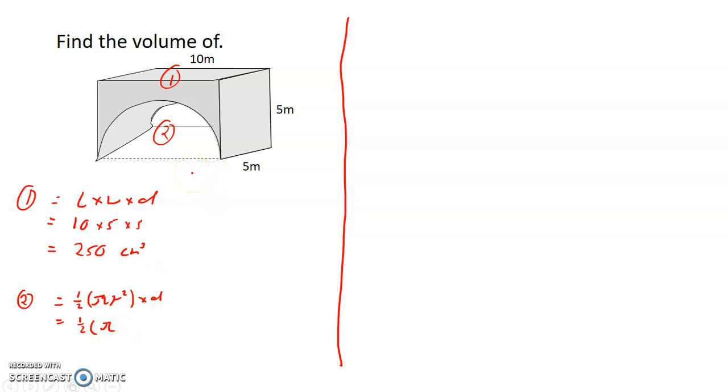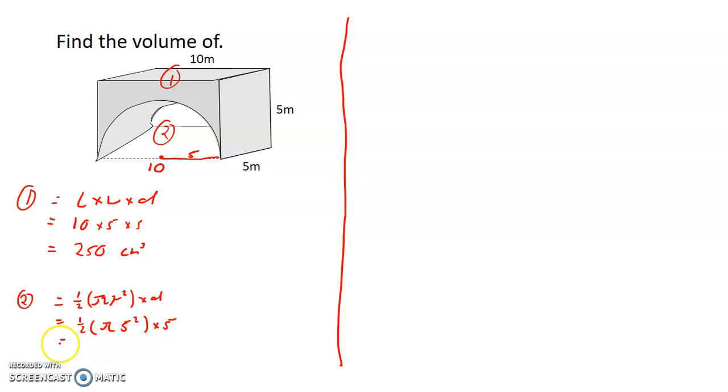This is the difficult part, knowing what the radius of this circle is. Anytime you've got a question like this, if you know it's 10 across here, and the semicircle goes from one side to the other, I know it also has to be 10 across the bottom. So if it's 10 across the bottom, from the middle to the outside it has to have a radius of 5. So pi times 5 squared times 5.